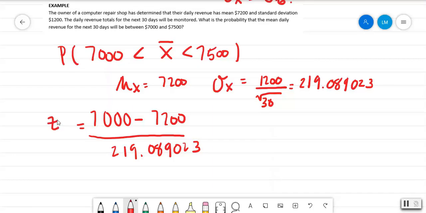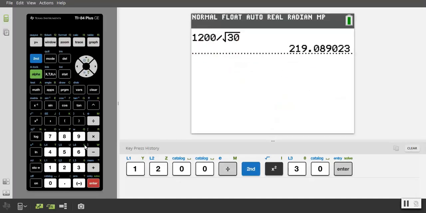I'll call this z lower. We just need to figure out what this computation gives us, and then we'll input it similarly for the upper bound.